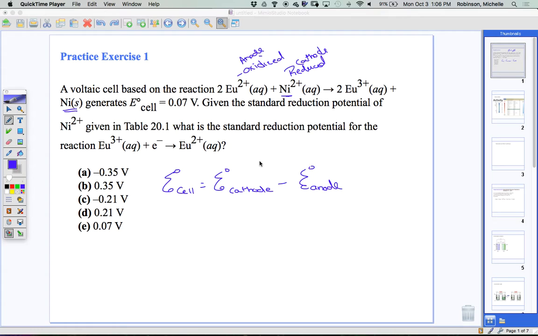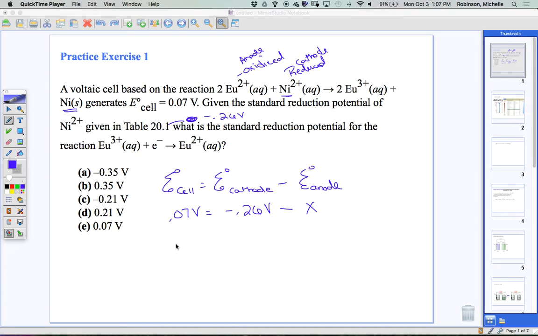All right, so did anybody look up the nickel one? Negative 0.26 volts for nickel. So 0.07 volts equals negative 0.26 volts minus X, right? That's what we're trying to find.